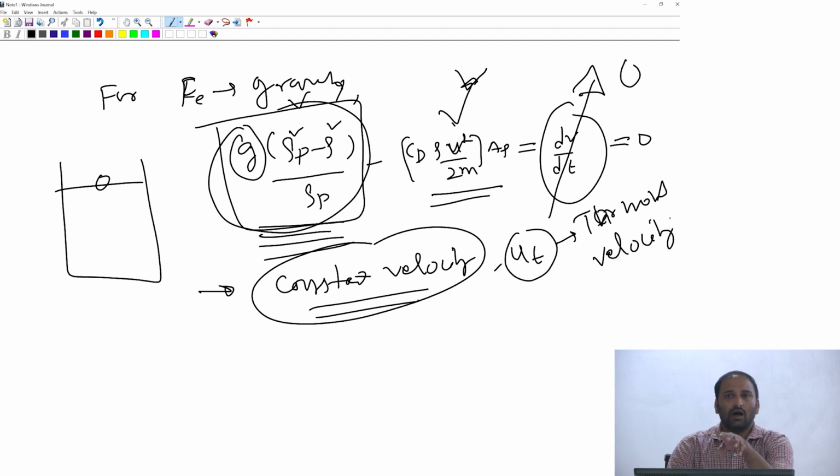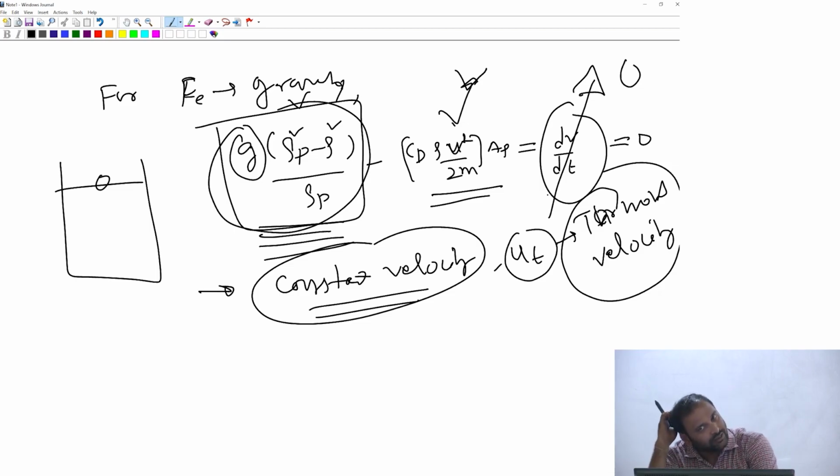That means under the action of all these forces, the particle that initially accelerates through the fluid is going to reach a constant velocity at some point during its flow. That constant velocity is what is called the terminal velocity.